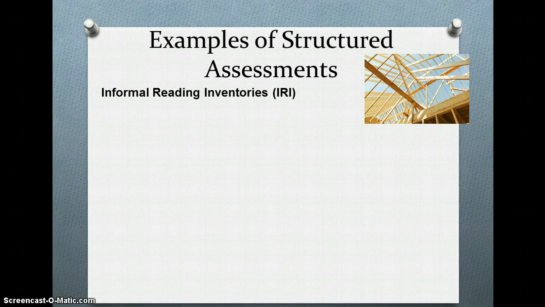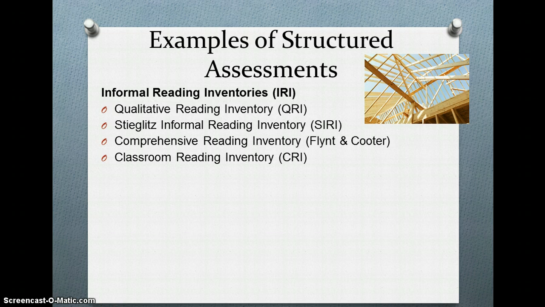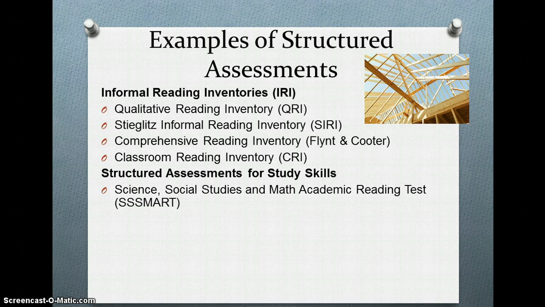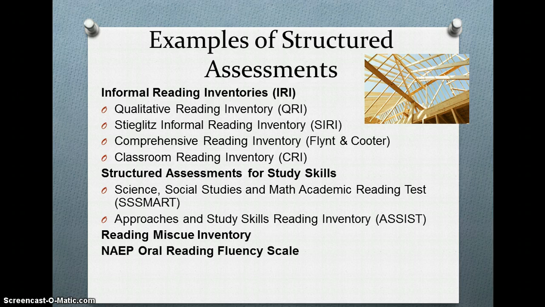So again, examples of these would be any informal reading inventory like the QRI, like the SERI, like the comprehensive reading inventory, the classroom reading inventory. There are many examples of IRIs. There are various structured assessments for study skills that your text mentions. A reading miscue inventory would be a structured assessment. The NAEP Oral Reading Fluency Scale is structured.